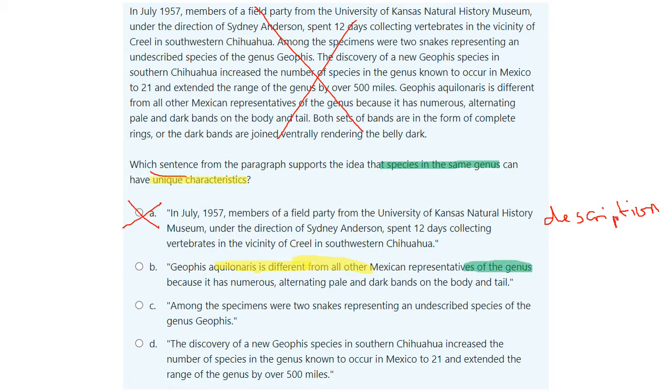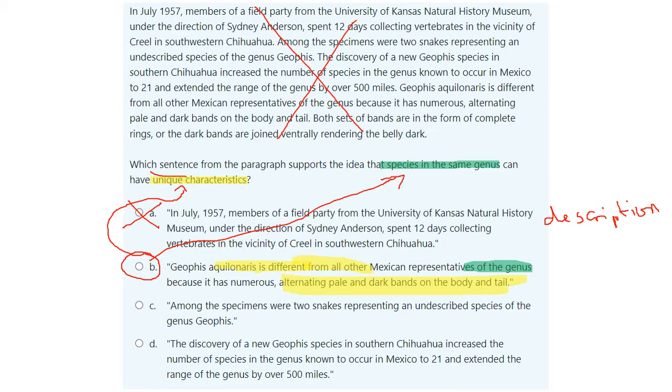So the Geophis aquilionaris is different to all the other representatives or species of the Mexican genus because it has numerous alternating pale and dark bands on the body and tail. This would be the characteristic. The alternating pale and dark bands on the body and tail would be the different characteristics. So B supports both parts of the idea.